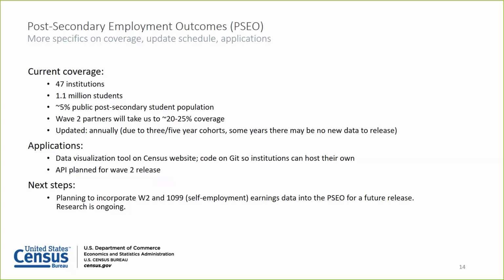We're hoping that gets moving so that we can measure the individuals whose earnings we have missed in the previous releases of PSEO, which only have unemployment insurance. So that's a limitation of PSEO, and we've known that from the start, but we wanted to get this rolling instead of working with the IRS data right off the bat.